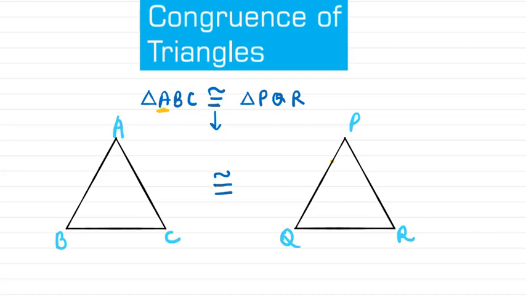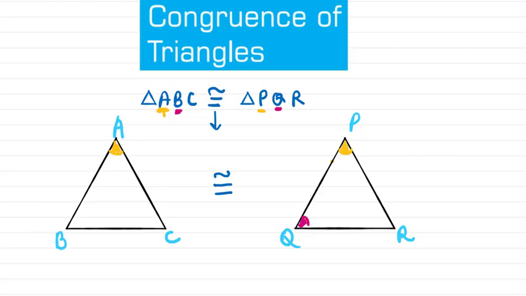Now I have said that ABC is congruent to PQR. That means, taking the first one, A corresponds to P. So angle A will be the same as angle P. That is the corresponding part, so those angles will be equal. Similarly, the next one is B, so angle B will be equal to angle Q. In the first triangle ABC we take the second letter, and in the second one also you take the same; you can't take something else.